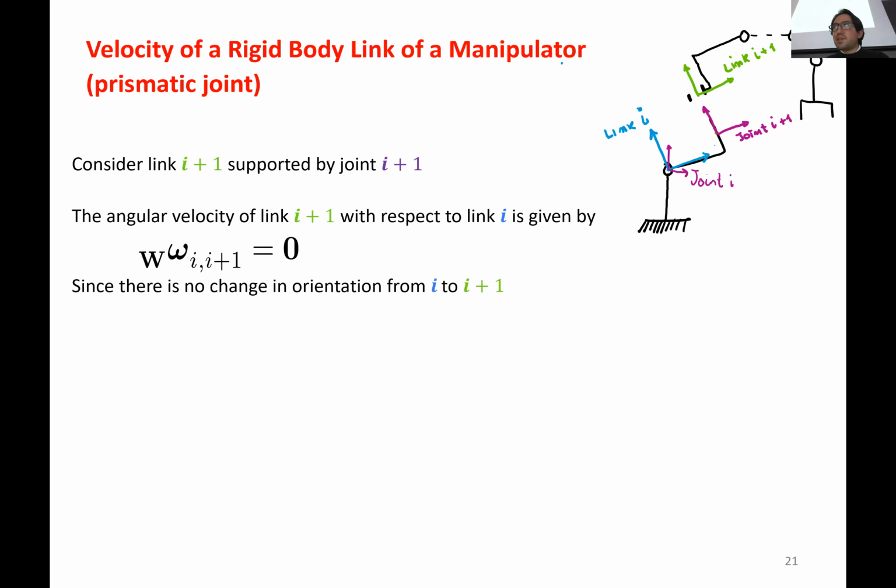Good, easy question. Because this is a prismatic joint, this becomes 0, since there is no change in orientation from I to I+1. And the linear velocity of link I+1 with respect to link I, do you have any guess for this one?